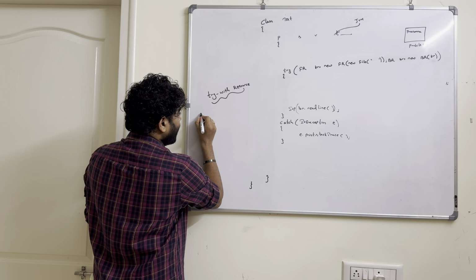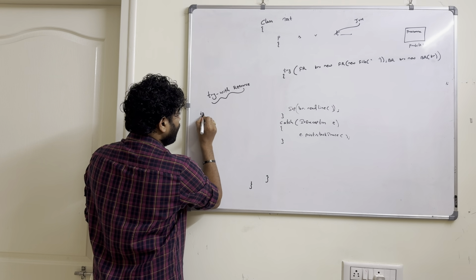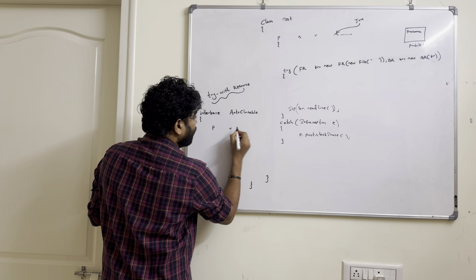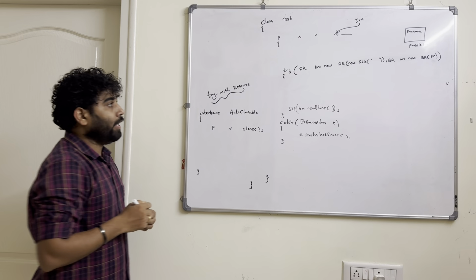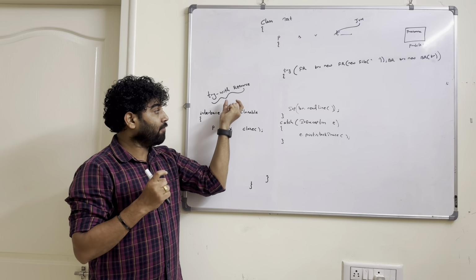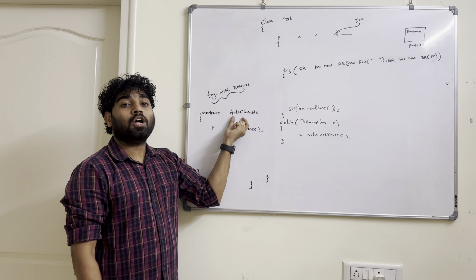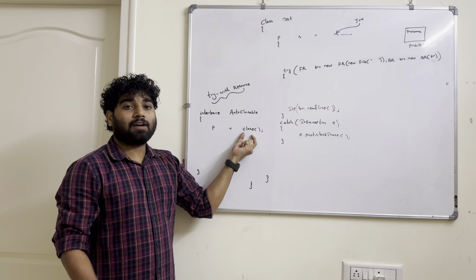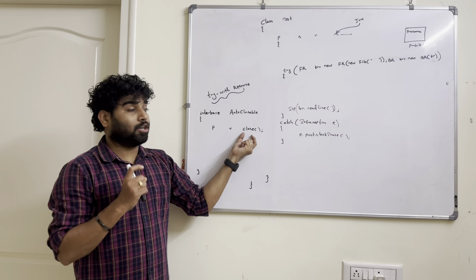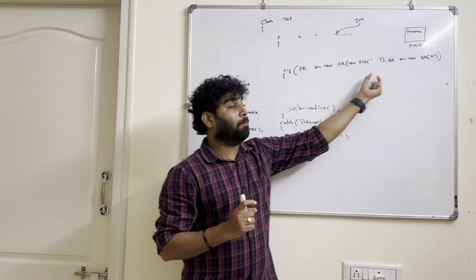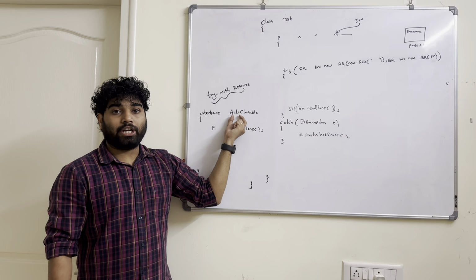They have introduced an interface called AutoCloseable, and they have defined one method called public void close. This AutoCloseable interface has one method called close. Each and every resource class implements this AutoCloseable interface itself.